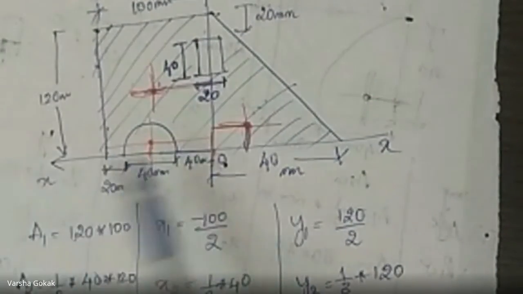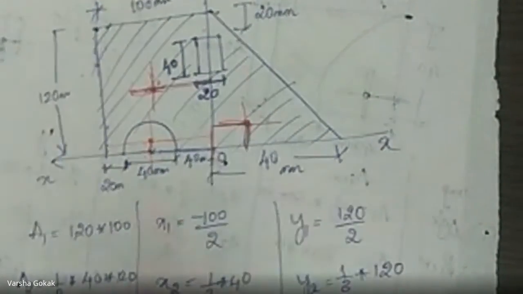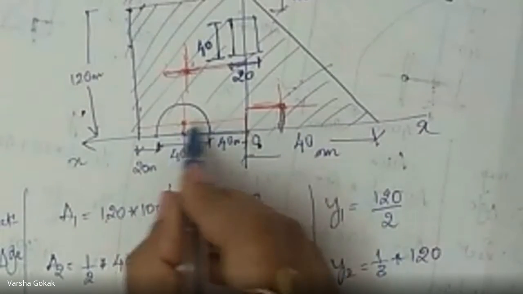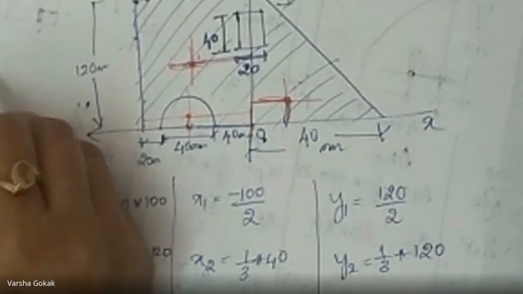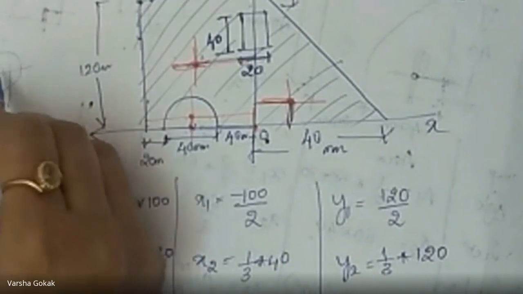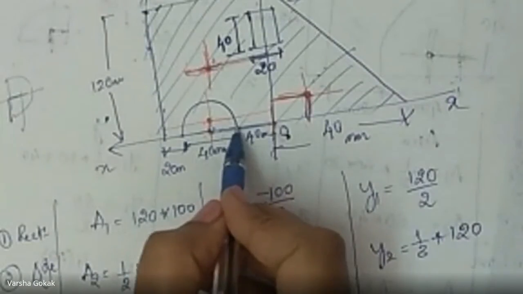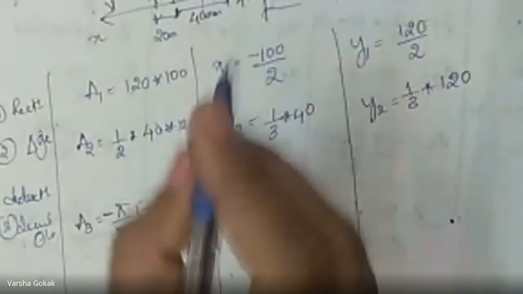So how do I write x3? What is the distance from here to here? This is how much? D by 2, no? You remember for a semicircle, one is 4r by 3 pi, one is d by 2, right? So this distance is d by 2, plus here they have given us already it is 40.